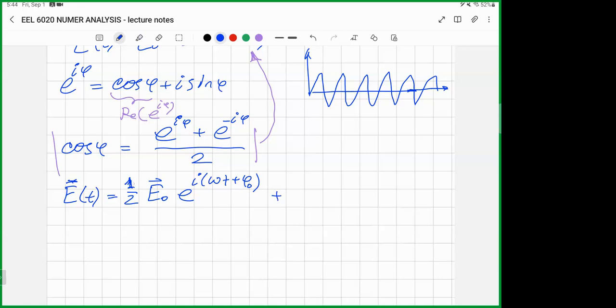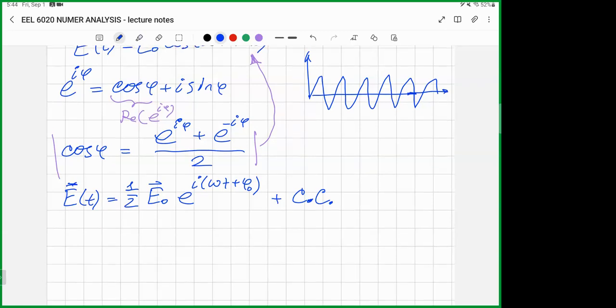So this 1 over 2 comes from these two in the denominator. And basically the same but complex conjugated. So we usually write this plus CC, complex conjugate.